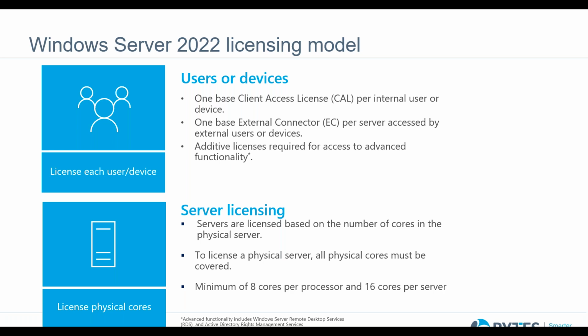When we're looking at licensing the server itself, we always license the physical cores on a box, and there are minimums: 8 cores per processor, but also 16 per physical host, so per physical server. We're going to go a bit deeper into that in just a second.